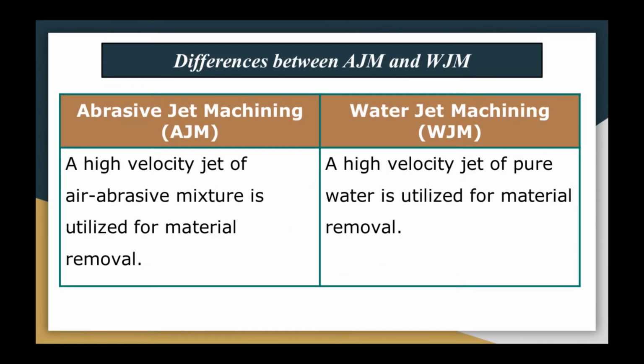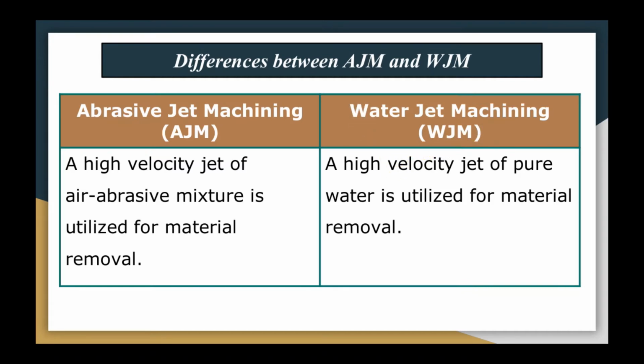Let us discuss the differences between AJM and WJM. Here I have made two columns. In one column I am going to tell the points regarding AJM, and in the second column the points regarding WJM.